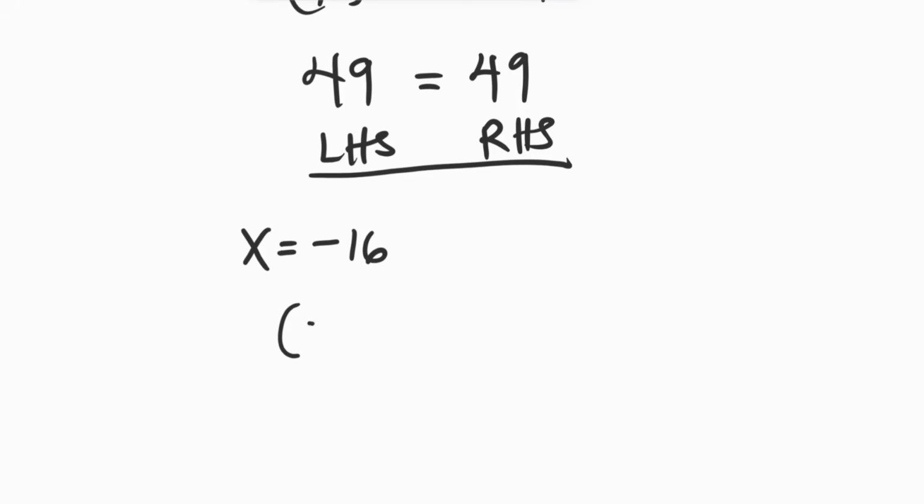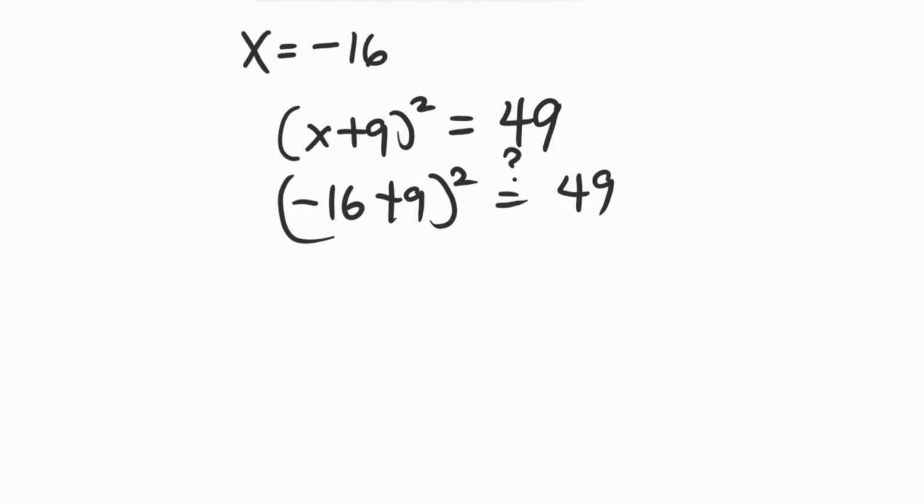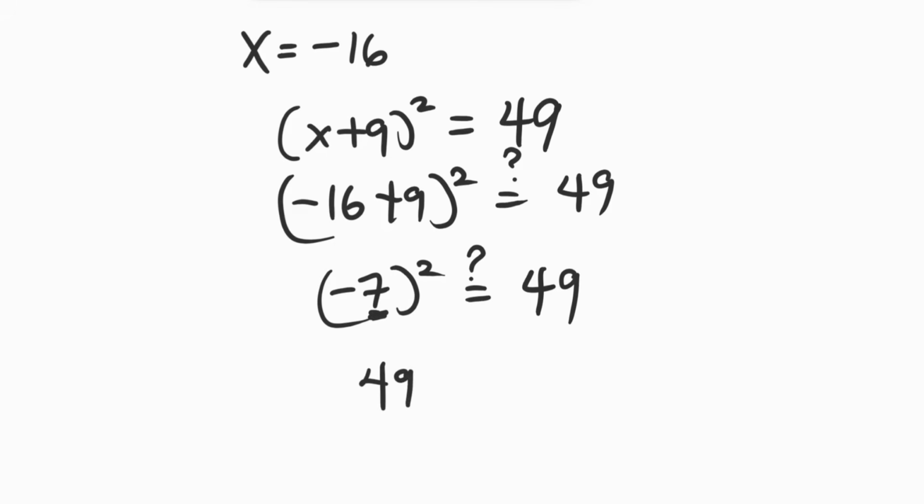So we plug in (x + 9) all squared equals 49. If we plug in (minus 16 plus 9) all squared, are we going to get 49? So minus 16 plus 9 will give us minus 7.